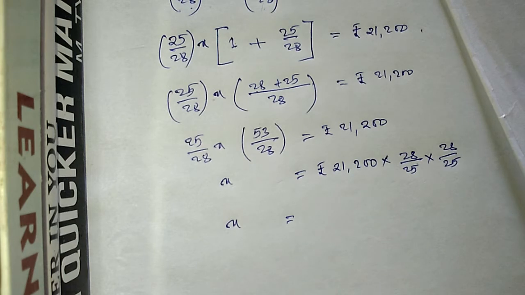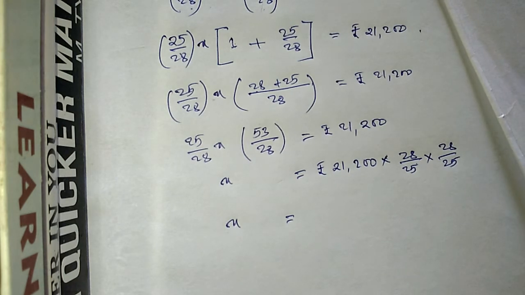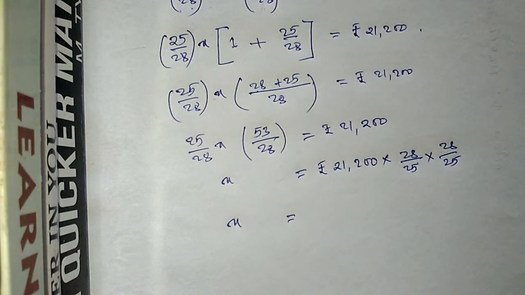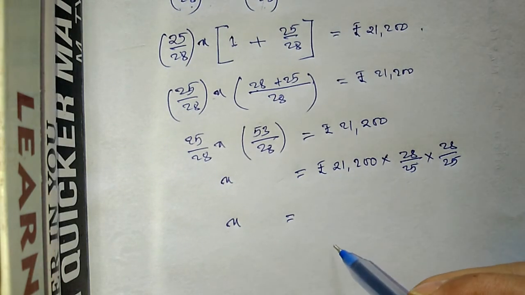Then on multiplying these we get 12,544.